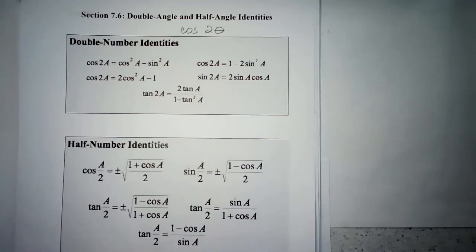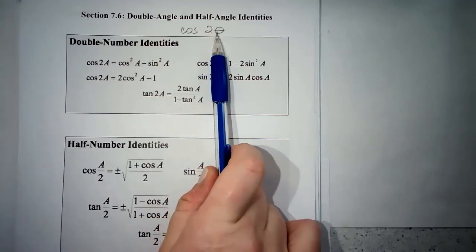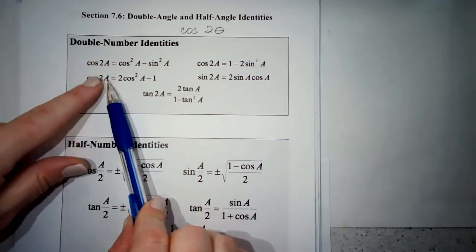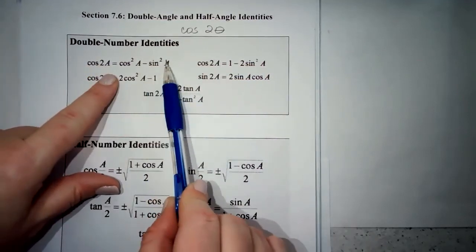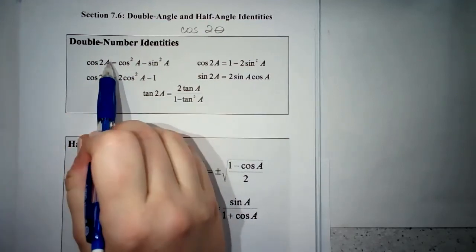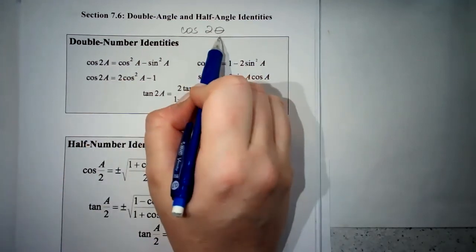These are identities or formulas that will prevent you from having to deal with double angles. Because look what happens. It turns double angles into single angles. So you don't actually have to deal with the doubles if you don't want to, okay? Now, why does this say A instead of theta?